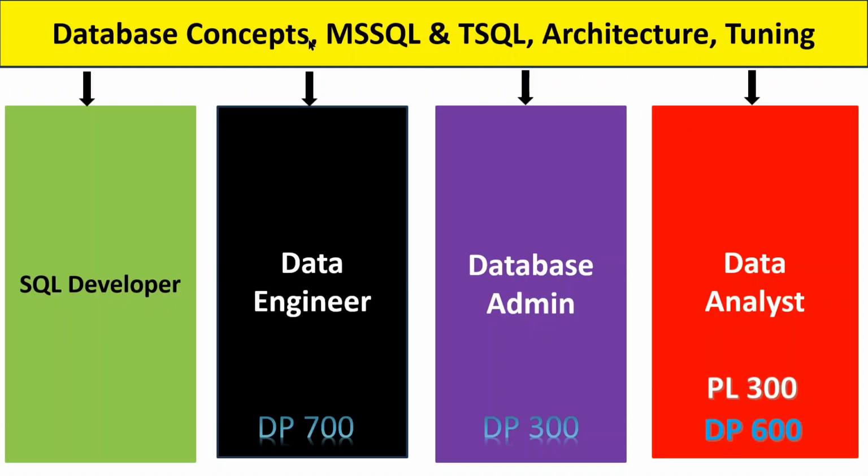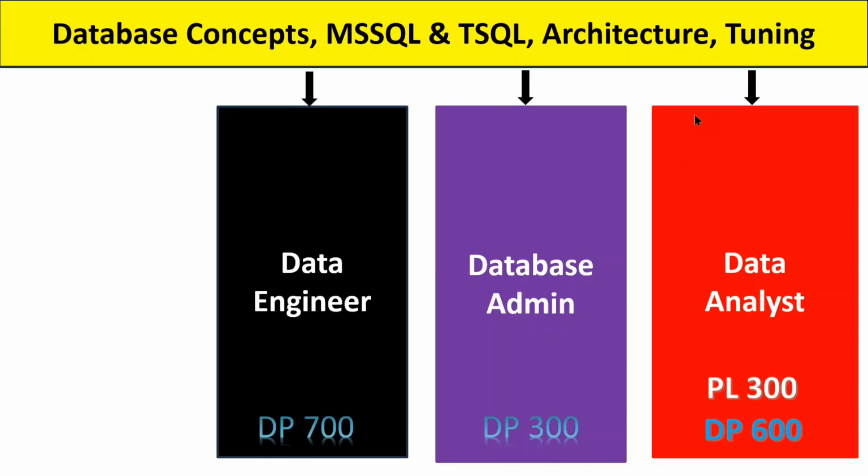In our classes, we'll be taking the SQL basics first, all the yellow items, all the SQL basics. And then we go for the next level activities, core engineering or admin or analyst. Any of these, as per your choice.